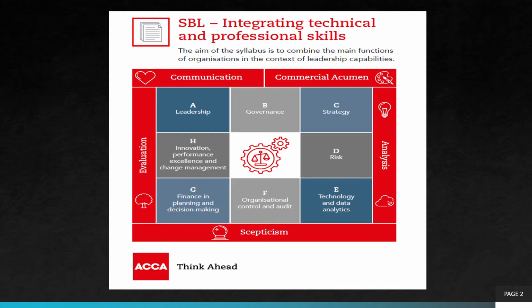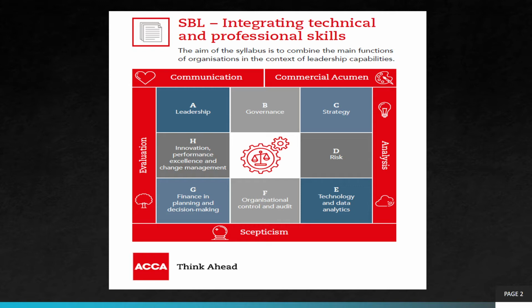So this SBL is divided into 8 sections from section A to H. A talks about leadership, B is governance, C strategy, D risk, E technology and data analytics, F is organizational control and audit, G is about the financial aspect, H is about innovation, performance excellence and change management.